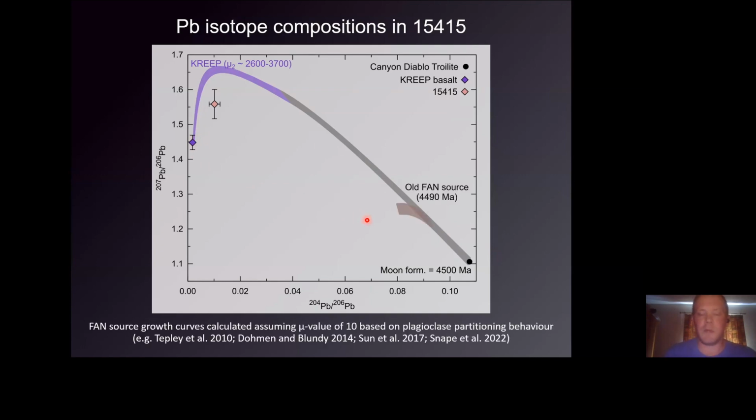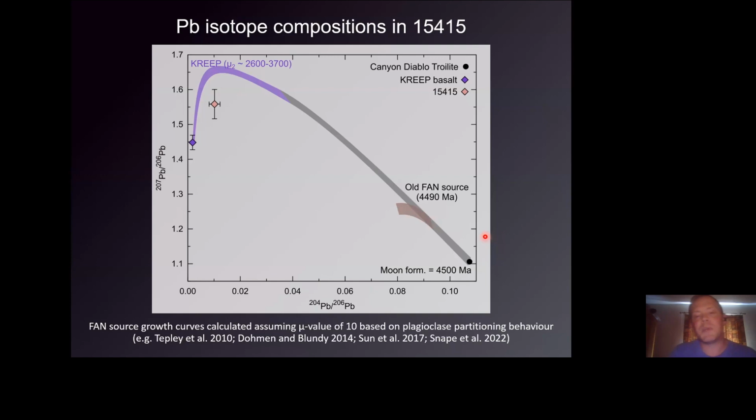Now, if we take what we know about uranium-lead partitioning in plagioclase, we can start estimating what FAN growth curves might look like. And so if we estimate that maybe the FAN source might have formed very early, say just after the moon formed, 4.49 billion years ago, then you'd have a growth curve that looks something like this.